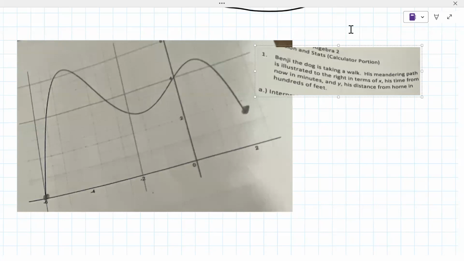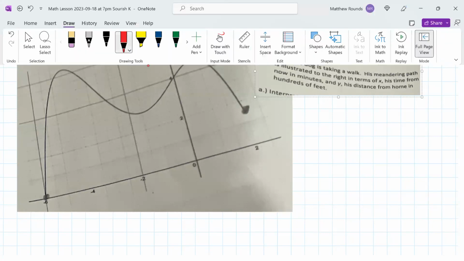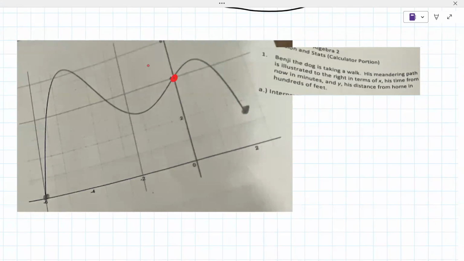Benji, the dog, is taking a walk. His path is illustrated to the right, in terms of x, his time from now in minutes, and y, the distance from home in hundreds of feet. Okay, so it's a little bit weird, but let's look at some of the points here. Let's look at this ordered pair right there. Can you tell me what that ordered pair is?